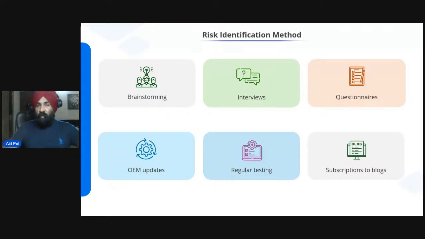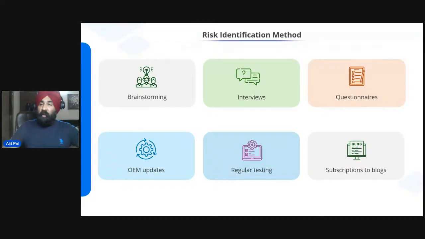Then interviews, you can do interviews, you can give them questionnaires, and OEM updates. Like I remember one time my boss called me that Cisco has released CVSS level 10 vulnerabilities. So the OEM has told us that a vulnerability is being reported. So this is also one of the ways.